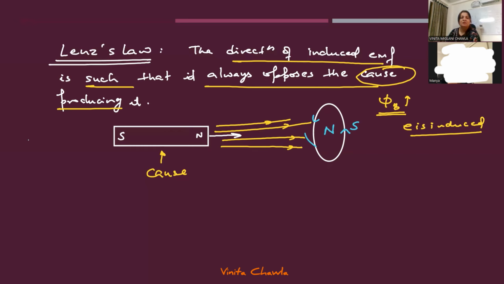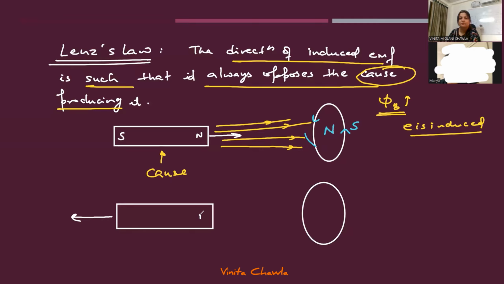Now let's consider another situation. Again, but this time I'm going to move the magnet away from the coil. So the number of field lines entering the coil will decrease, right?